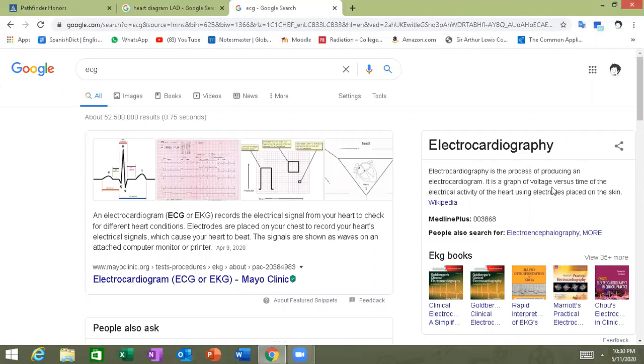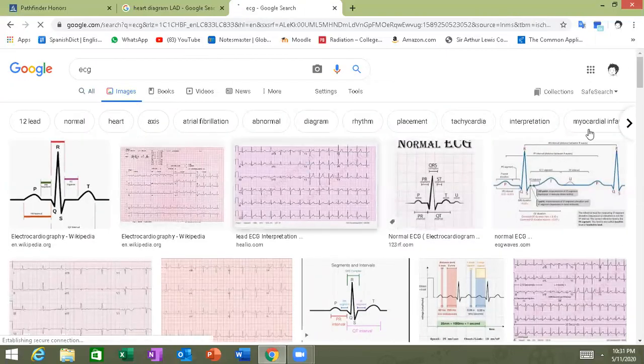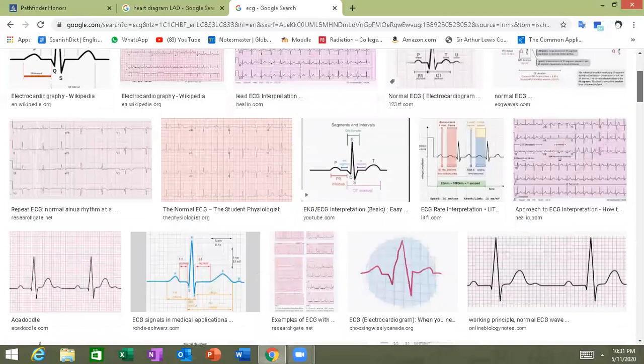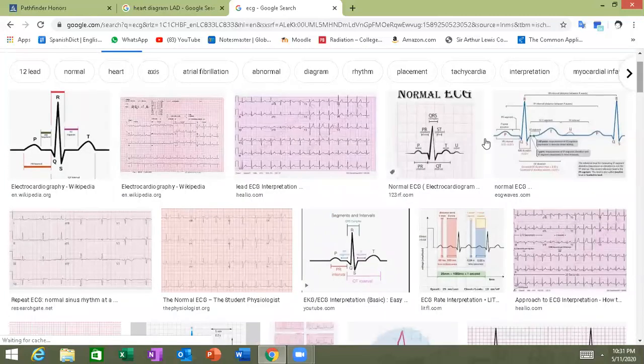It is a graph of voltage versus time of the electrical activity of the heart, using electrodes placed on the skin. In the hospital, when you watch the movies, you normally see people place wires on the person's chest. They do that so they can get this graph. We've seen this before in movies, for sure. Those of you who are cinema fans, you've seen these lines before.